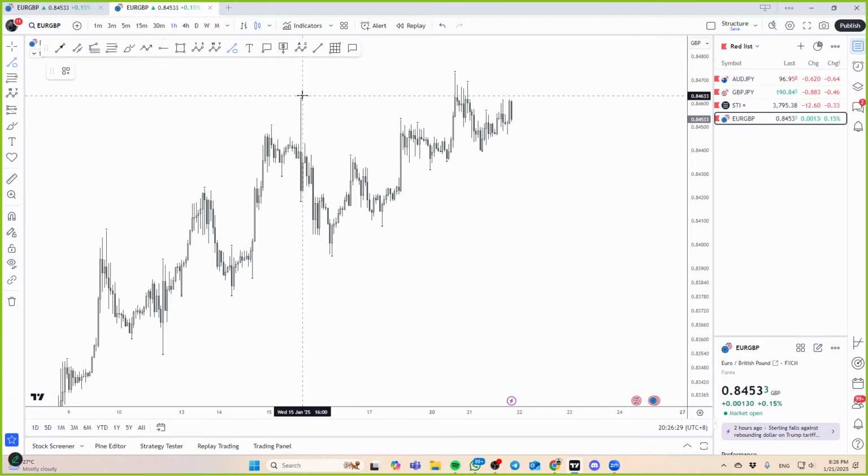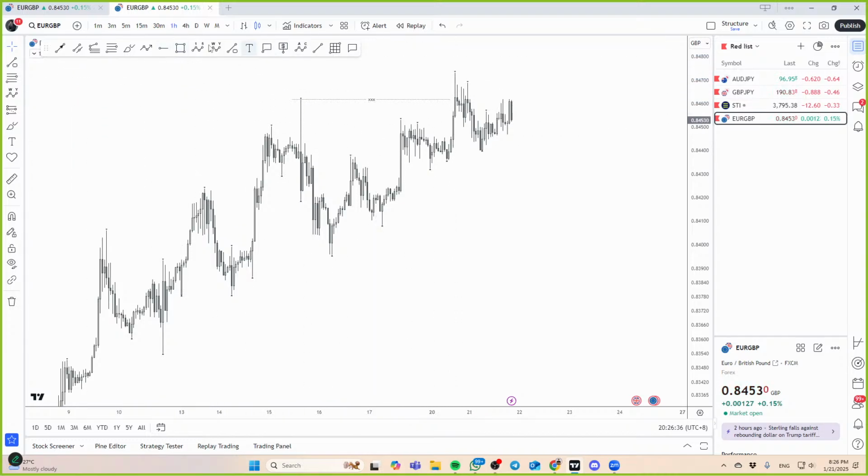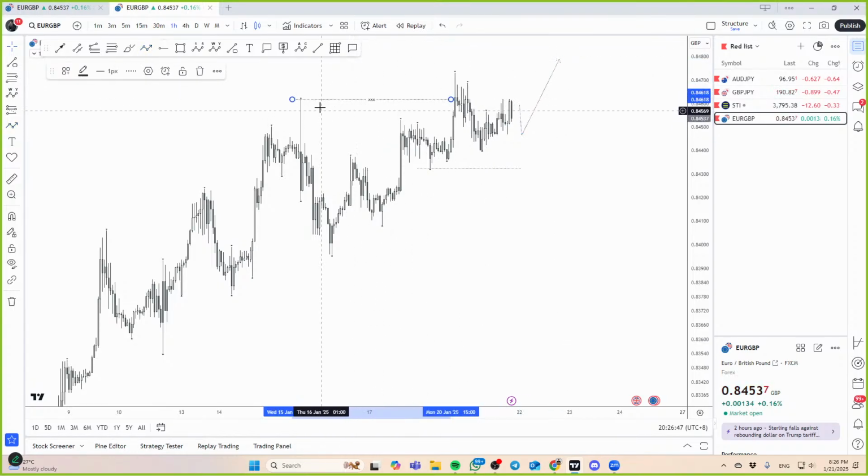Okay, so of course, from the SMC perspective, this can potentially play into a liquidity grab, given we have some sort of a break of structure to the downside, right? I mean, if this just keeps going up, then this is not a liquidity sweep, because that's potentially just a genuine break.